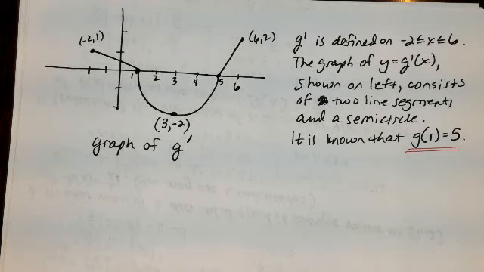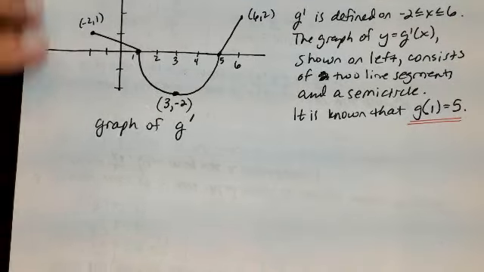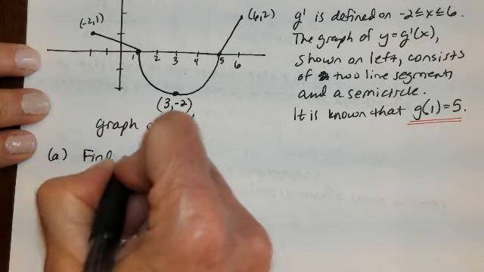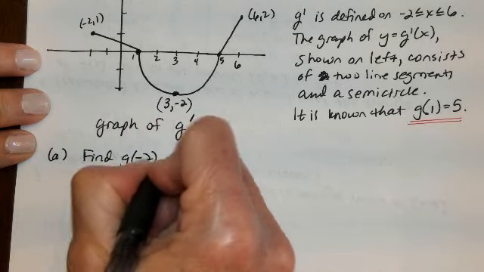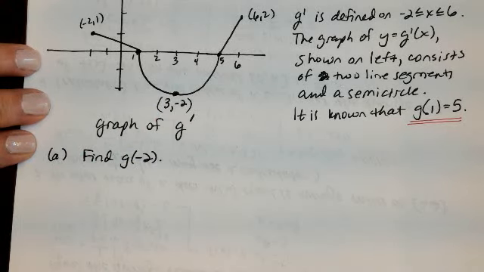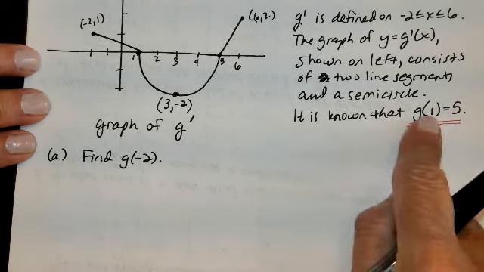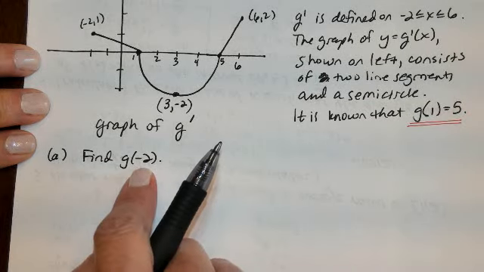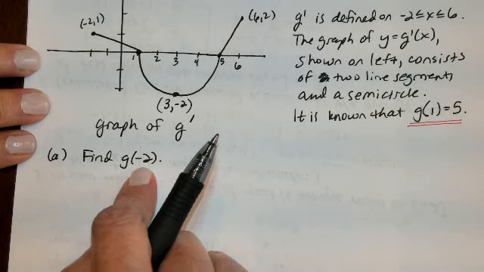Okay. Part A. Find G of -2. All right. We know a point. We know the derivative. We can find another point. Set up first fundamental theorem.